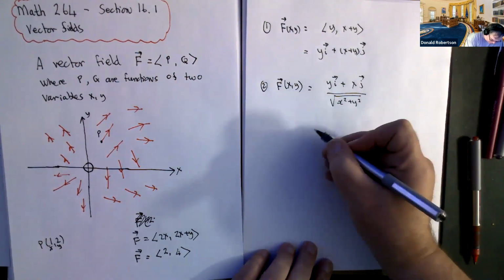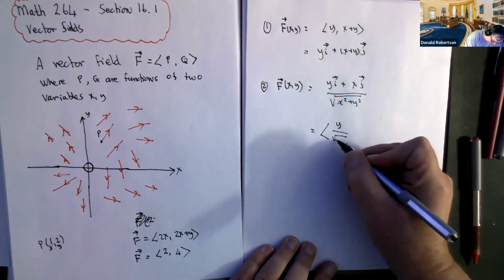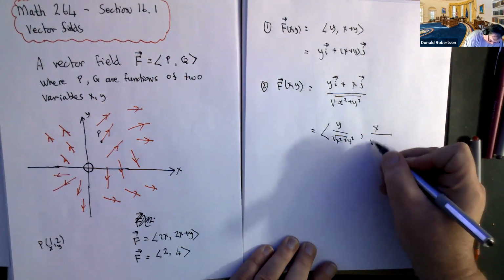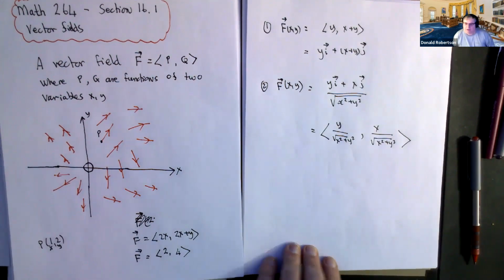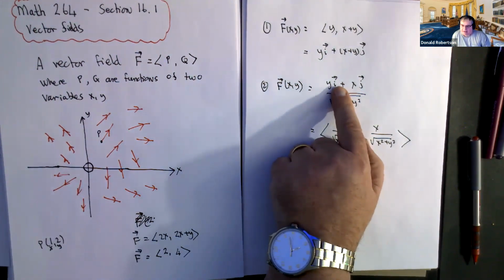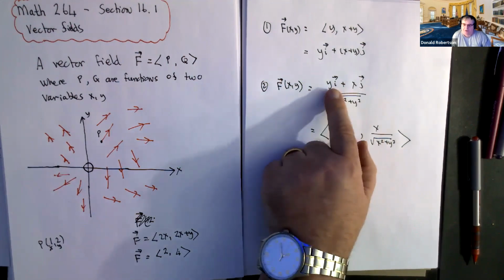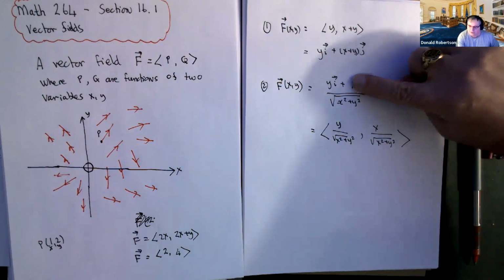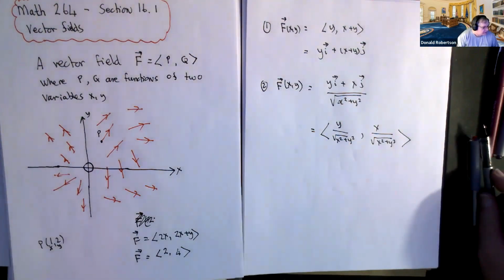That format does not work with my brain. I like to separate them out like this. The i is the x component, the j is the y component. If you forget about this part, can you see the y over the square root guy? And if you forget about this one, can you see the x? So that's what it would look like.